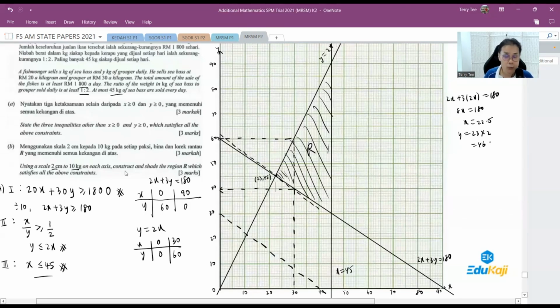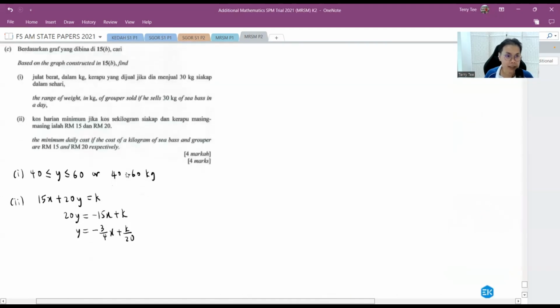Now we need to take this point and substitute inside your objective function. So this is your objective function here. We know your cost is minimum when your x is 23 just now, and your y is 45.